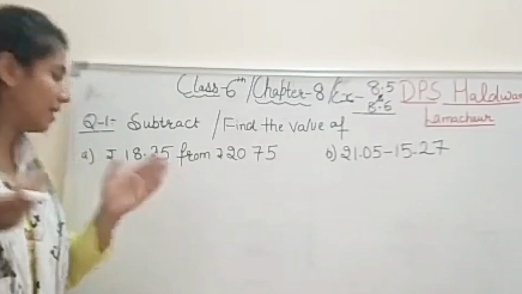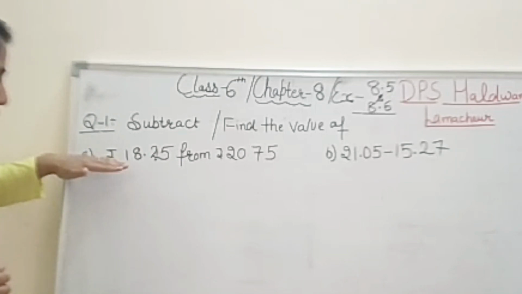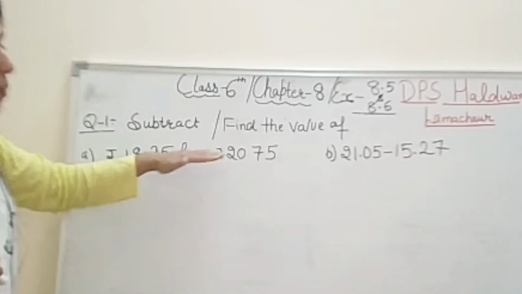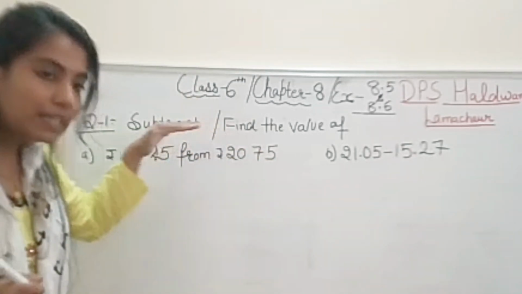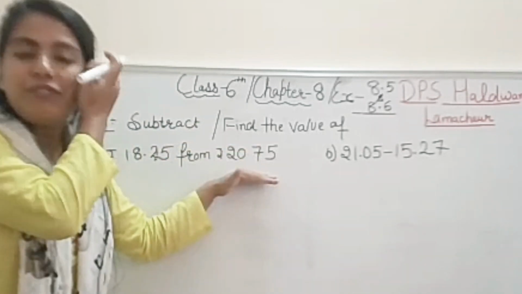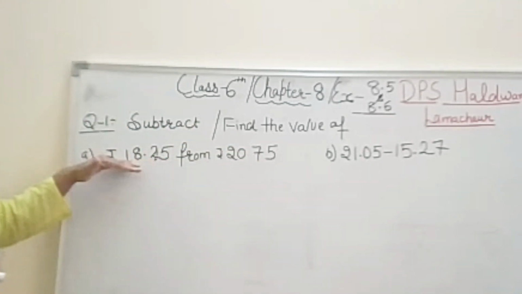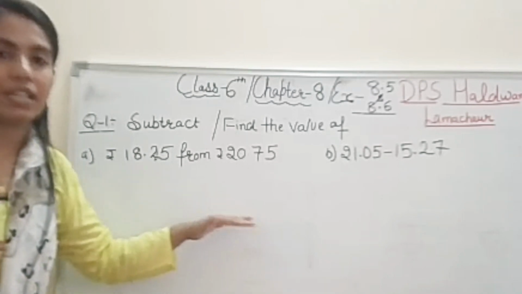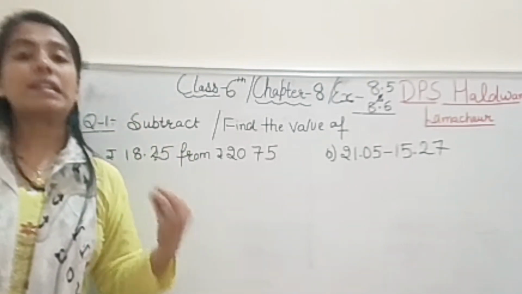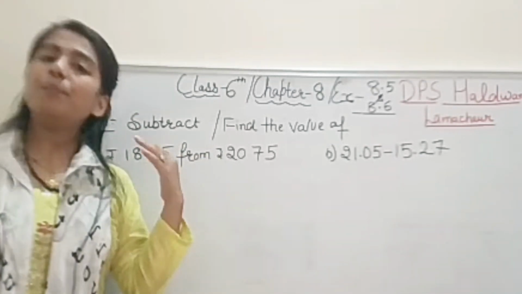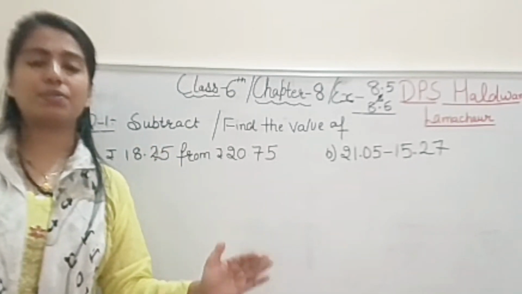That's it. See, part A, if you have rupees this much from this much, it means you will subtract this from this. What students are doing is starting with 18.25 and then 20.75. Students, now you are in 6th class and we had such questions many times in junior classes also.